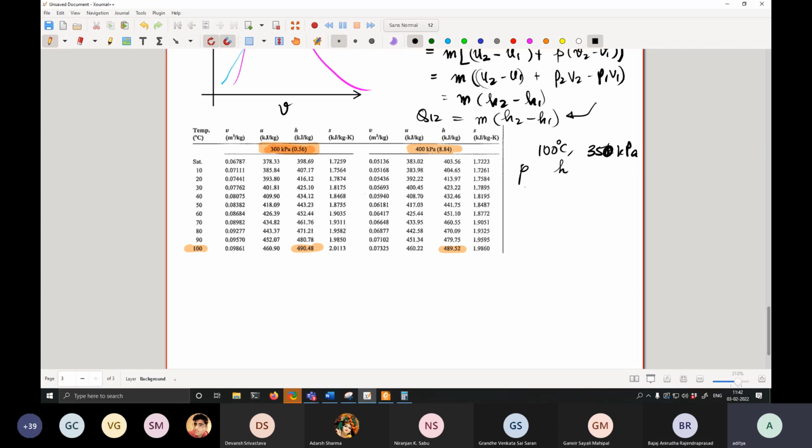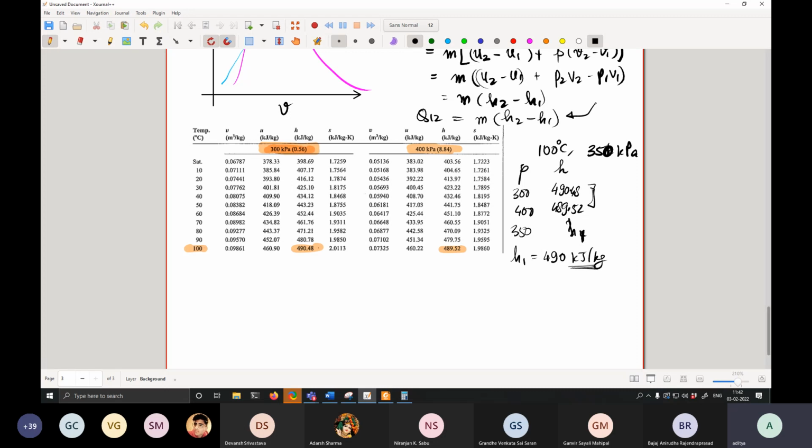So you get it: 300 kPa, 400 kPa. Otherwise, you have to write down 490.48, 489.52, and you are looking at 350 and a question mark. H unknown, or H1, you call it. So what is H1? It's something very close to 490, exactly 490. So it's 490 kilojoule per kg. Always remember to write the units, otherwise you will never realize you're going wrong.